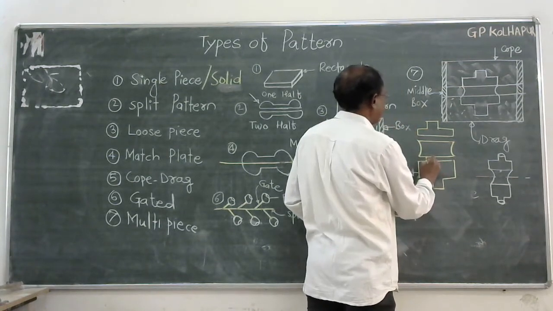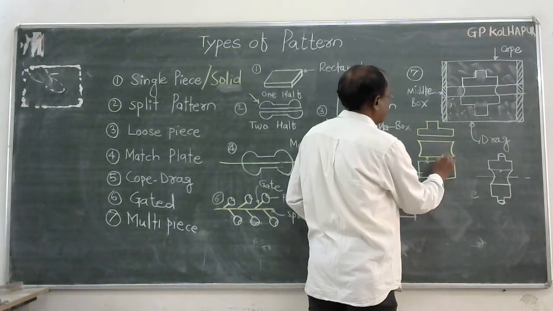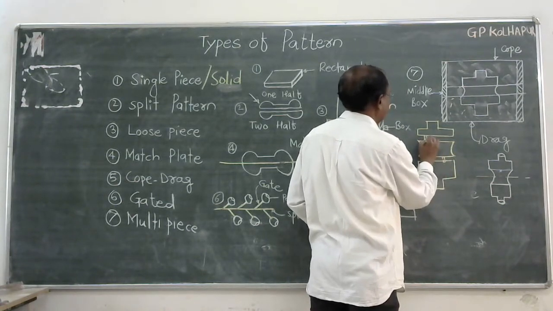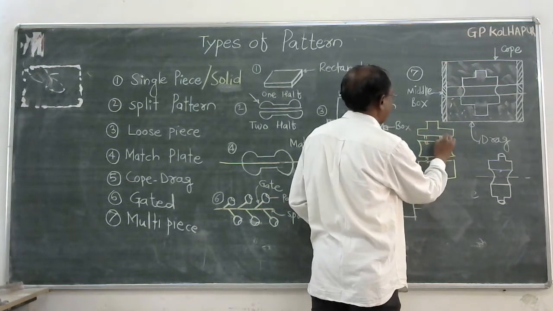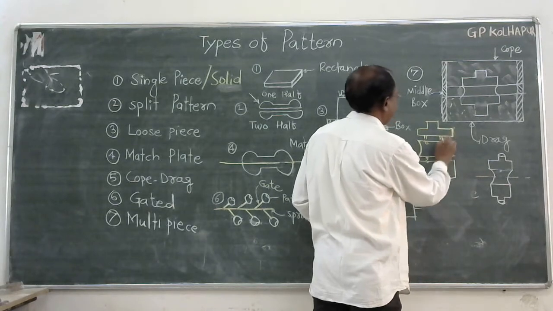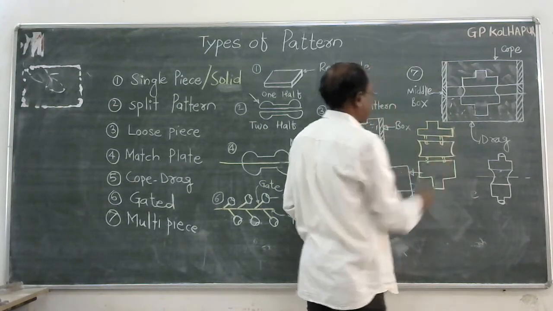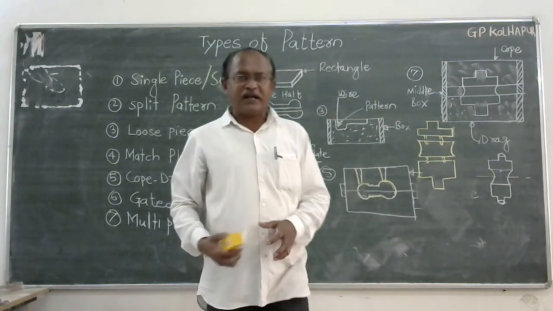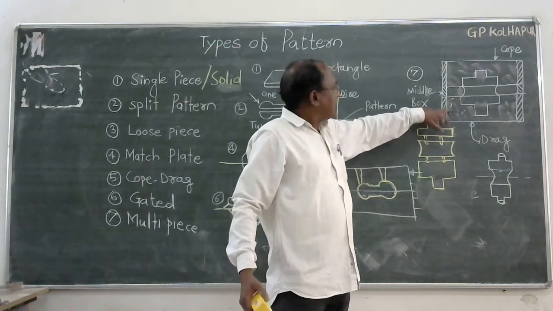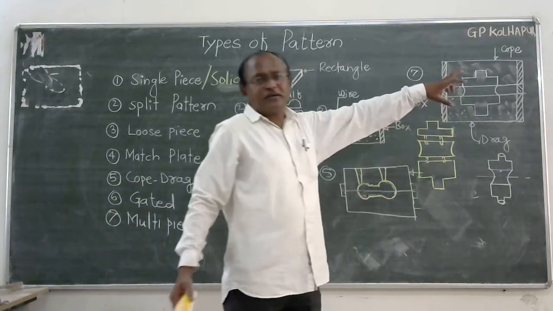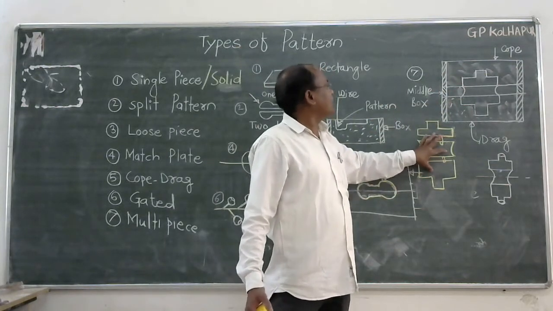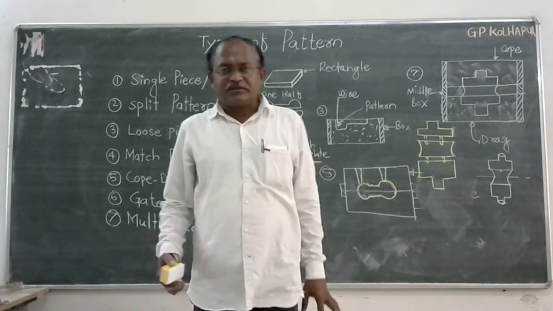And some holes or pins are there so that they are assembled together. That's why it is more than two patterns. One pattern is in the cope box, another pattern is in the drag, and one pattern is in the middle box. So the number of patterns is more than two. That's why it is called the multi-piece pattern.